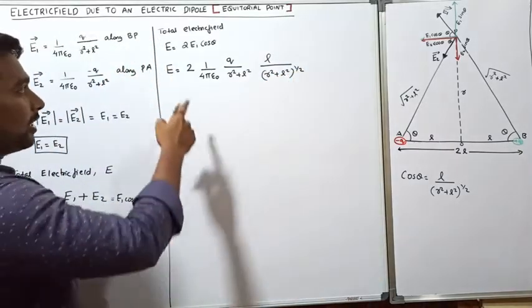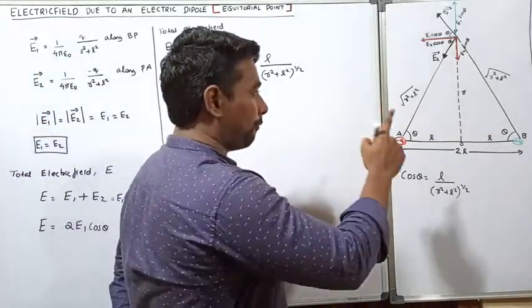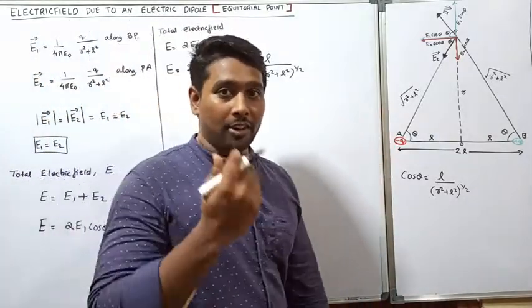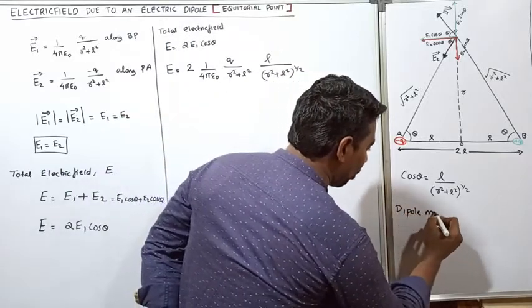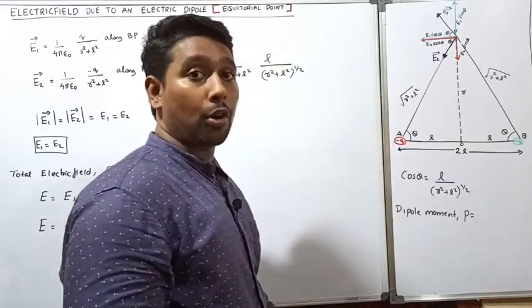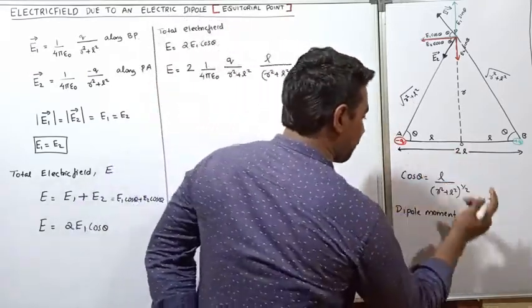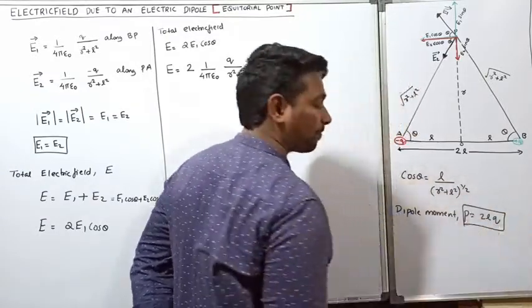Look at this. What was 2LQ? For every dipole, we already learned that there will be a dipole moment. What was the equation for dipole moment? Dipole moment is the product of distance and magnitude of the charge. That means P is equal to 2LQ.